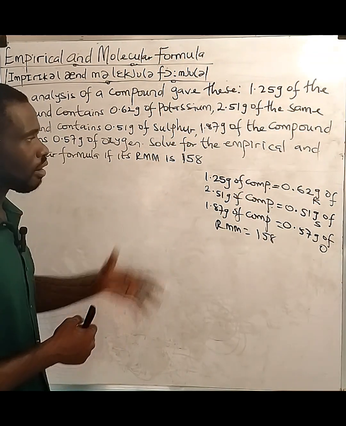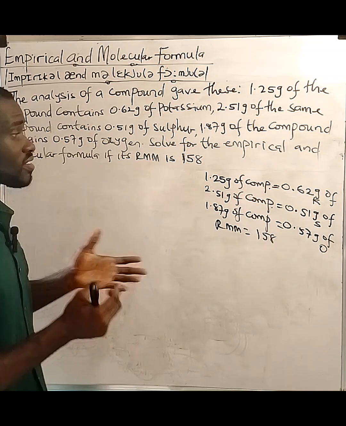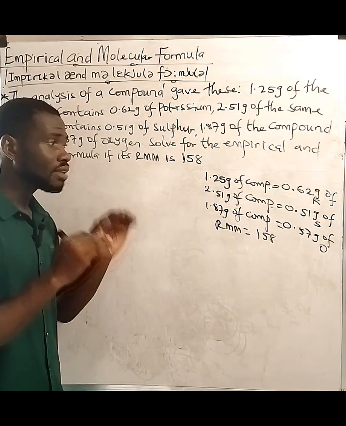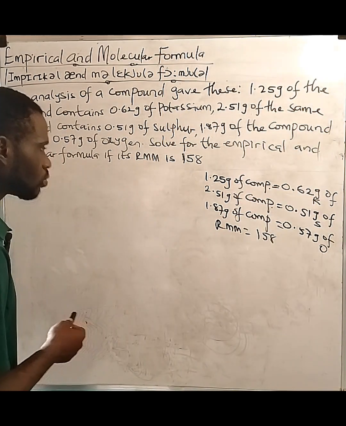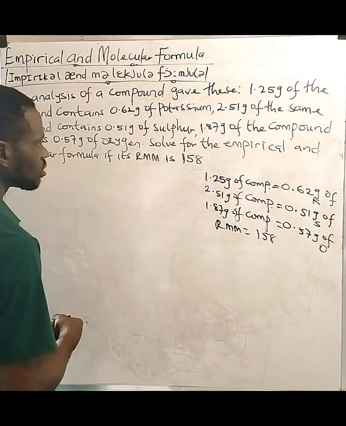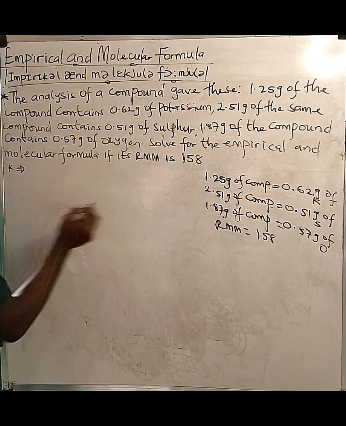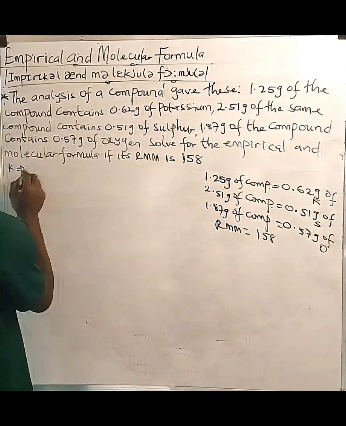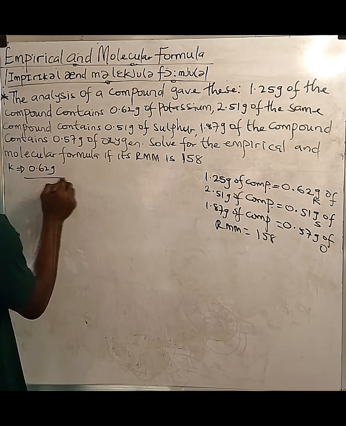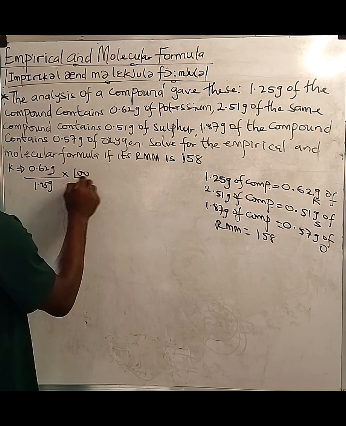So 1.25 gram of this compound contains 0.62 gram of potassium. So what's the percentage of potassium in this compound? We're going to be using our calculator to get the percentage composition of each of these elements. For potassium, we have 0.62 gram of potassium out of 1.25 gram of the sample of the compound times 100 over 1.